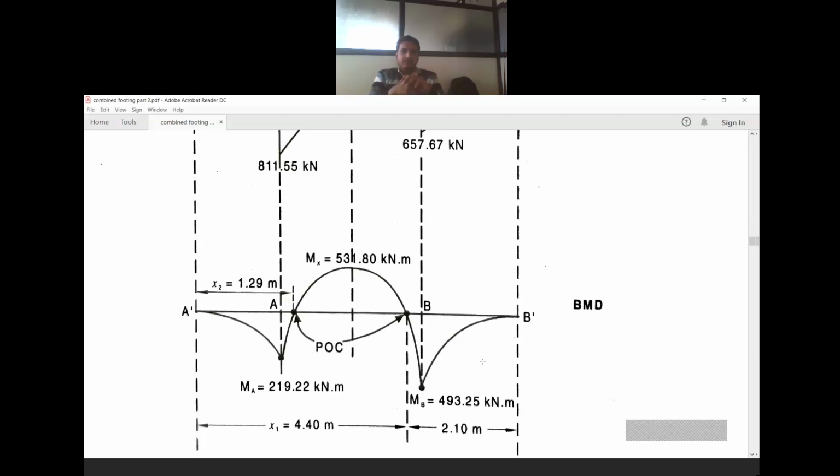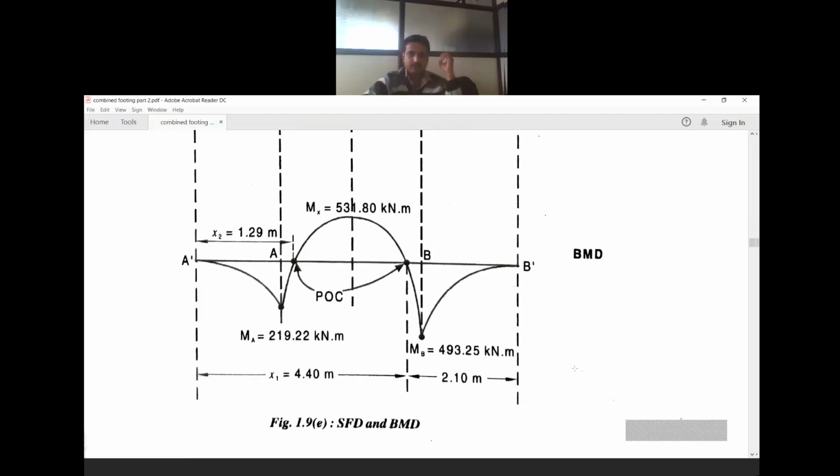The maximum bending moment Mx comes out as 531.80 kilonewton meter. If you are able to get the right answers, then you are on the right track. If not, you should practice shear force and bending moment diagrams.